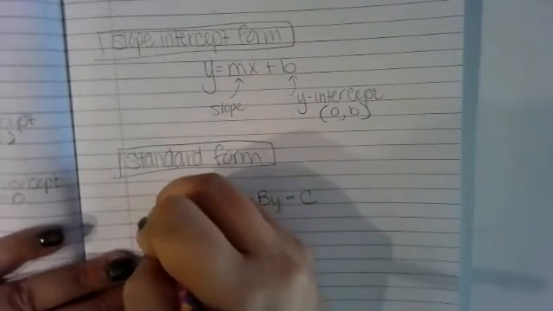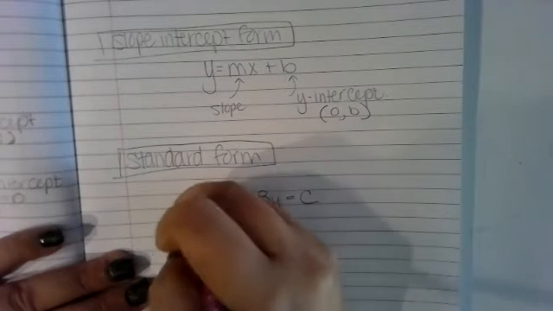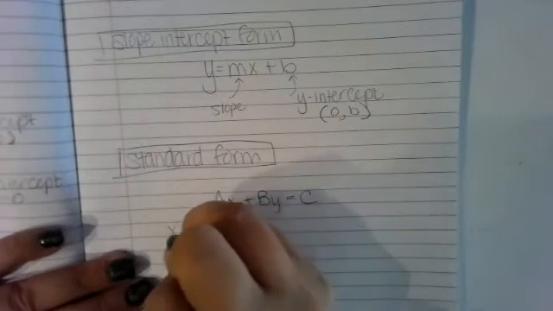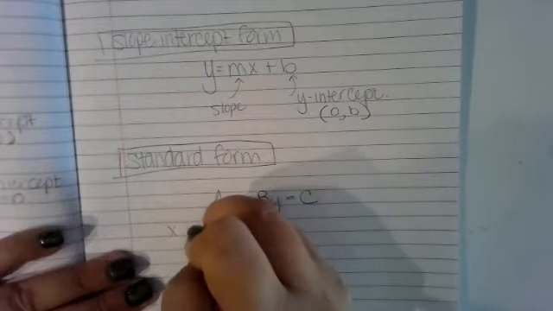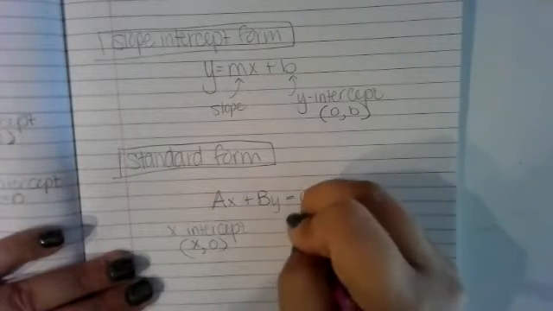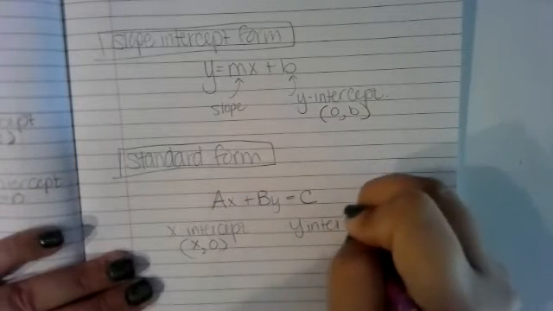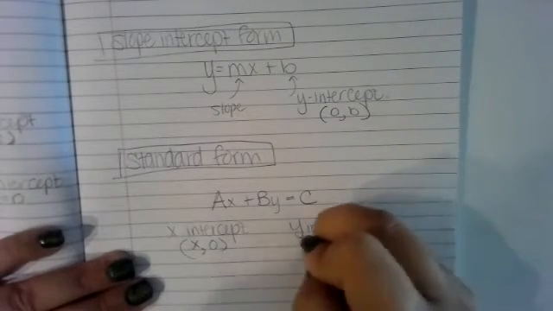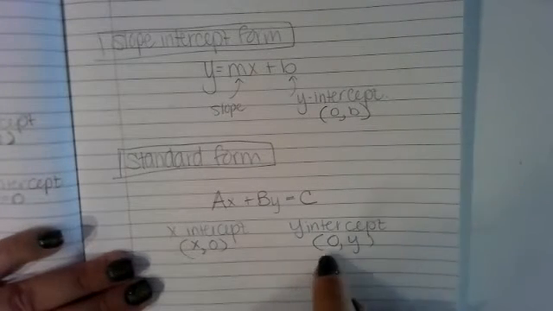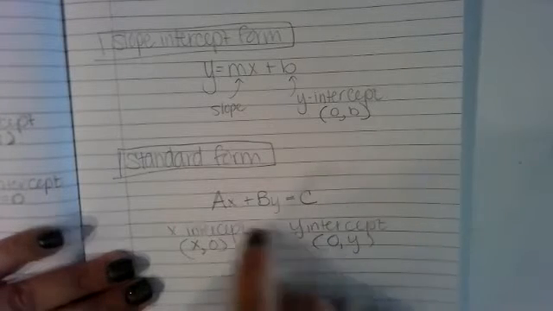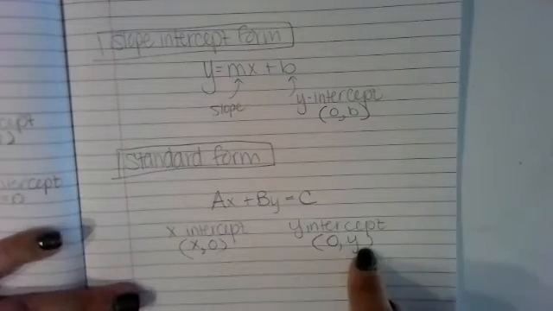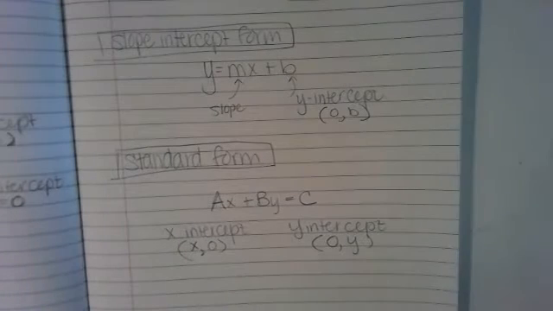If I have the x-intercept, that would be x, comma 0. If I have the y-intercept, that would be 0, comma y. We substitute the 0 in for x or y, and then you solve. So this is for graphing intercepts.